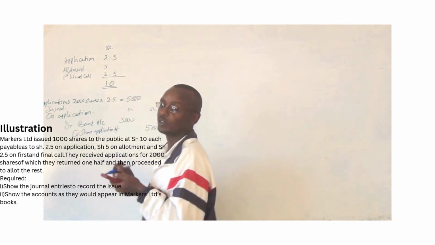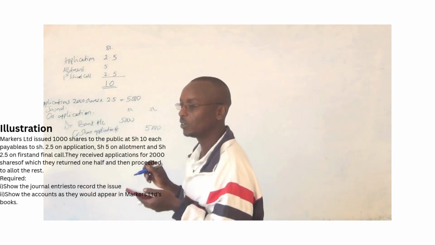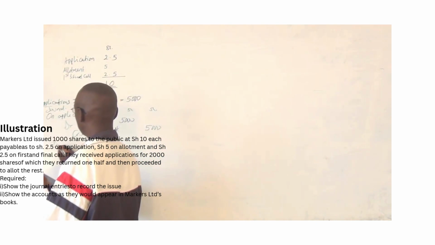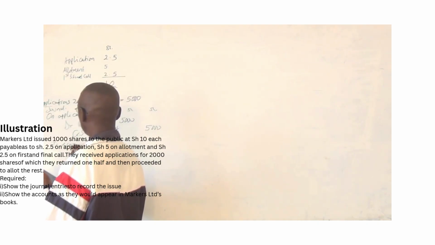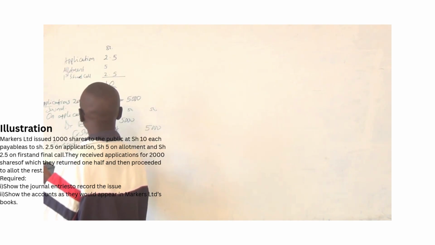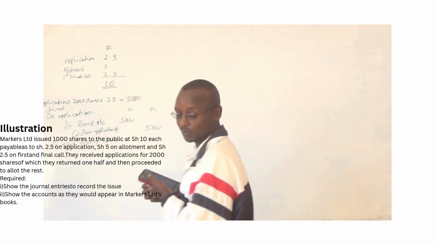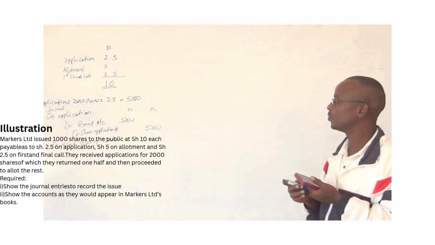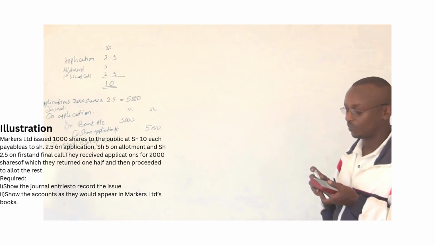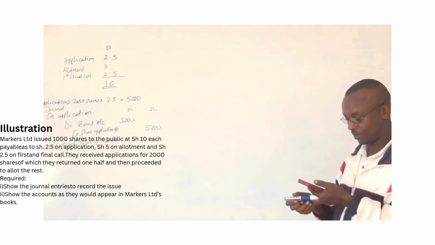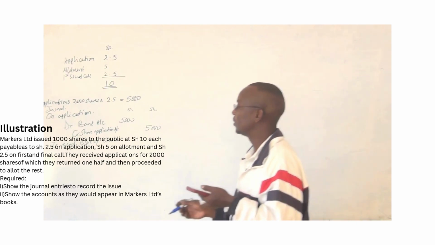Then you give the narration. Journal entries are not enough without the narration. This is to record issue of shares. Is it okay? This is number one.